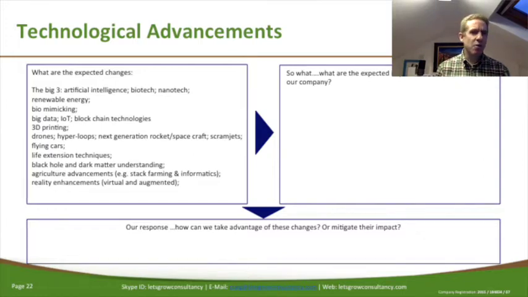You've got next generation rocket and spacecraft and scramjets. Flying cars. I know it sounds crazy, but they're being developed. Life extension techniques. Then, in terms of the galaxy, black hole and dark matter understanding, and back home to Earth, agriculture advancements, and in fact also reality enhancements with virtual and augmented. So a huge amount of things going on with tech.